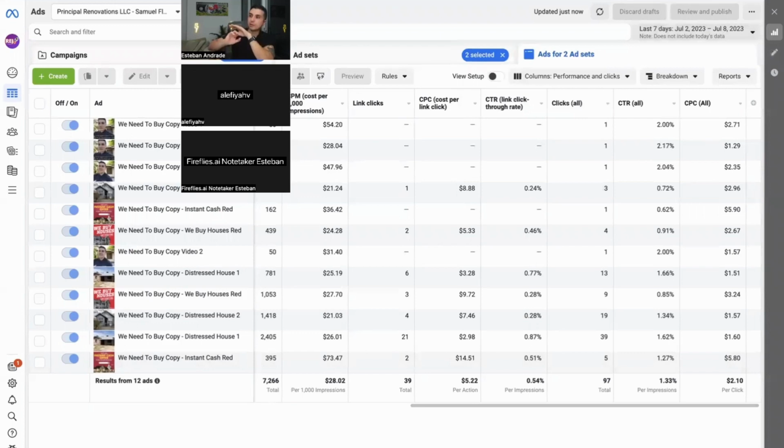So maximum time period really refers to looking at the complete history of your ads performance, and it allows you to see the data from the entire duration that it has been running. But when you analyze time periods, it helps you break down the data into specific timeframes, such as the last 14 days, last 7 days, and it helps you compare recent performance and identify any changes or trends.